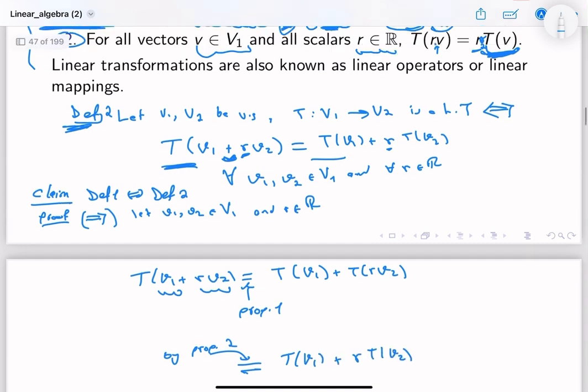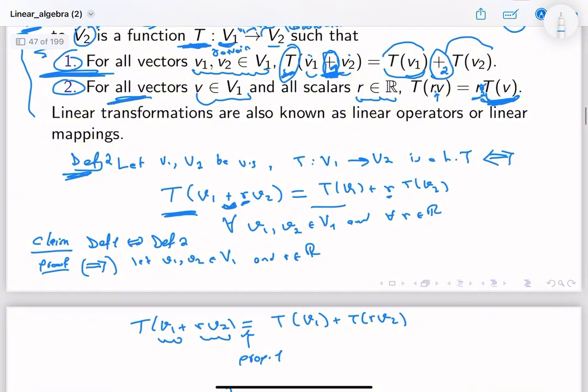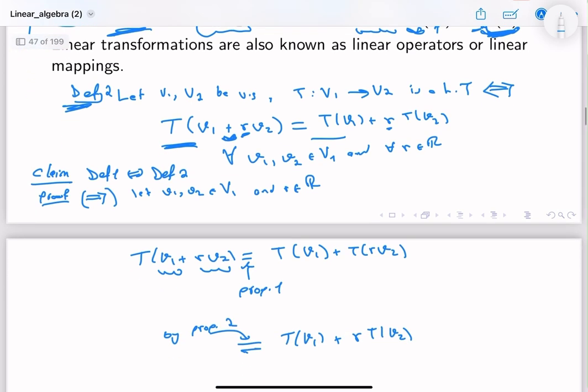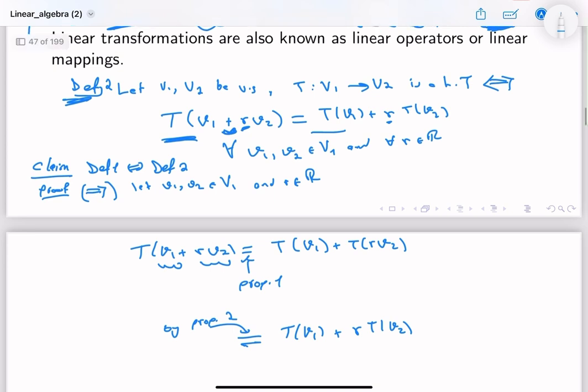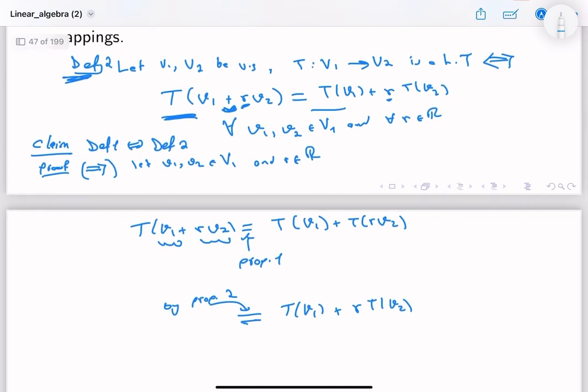Why is that? Because property 2 tells us that the T that we have respects the scalar multiplication. In other words, you can pull the constant outside. And that is it. This is what we wanted to prove, that this equality holds, and we just did that. This is happening for any V1, V2, because we started with generic ones.